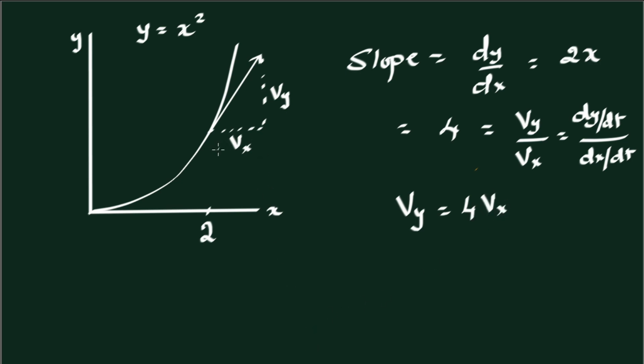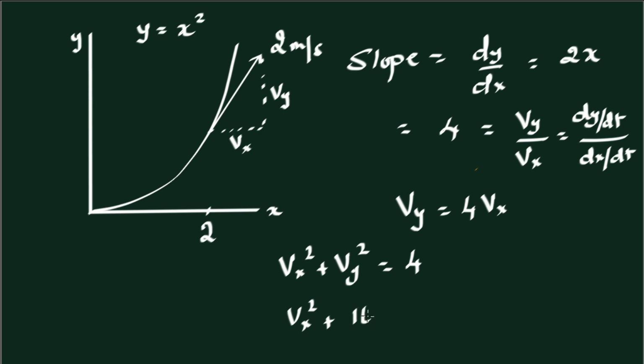We also know that the speed of the particle is 2 meters per second. So vx squared plus vy squared is equal to 2 squared, which is 4. So that is vx squared plus 4 times vx the whole squared. So that is 16 vx squared is equal to 4.